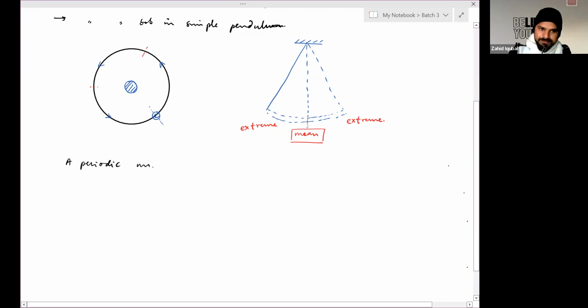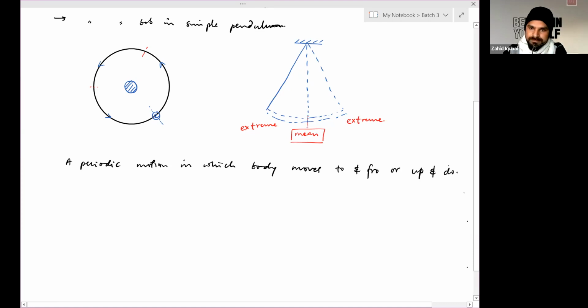A periodic motion in which a body moves to and fro or up and down about a given fixed point called the mean position.